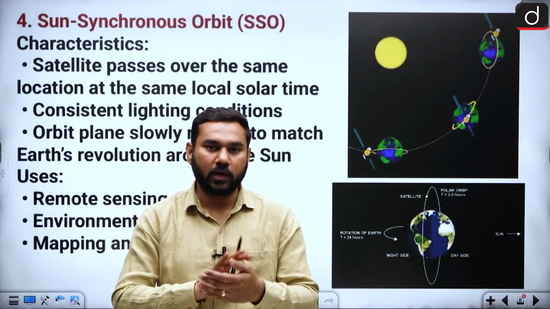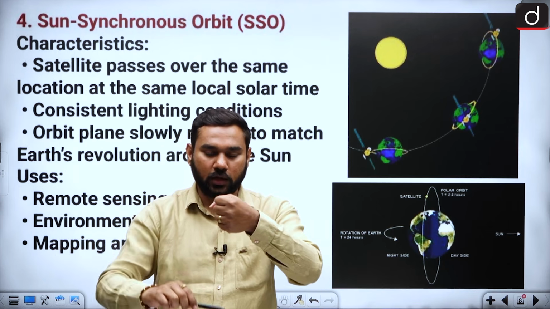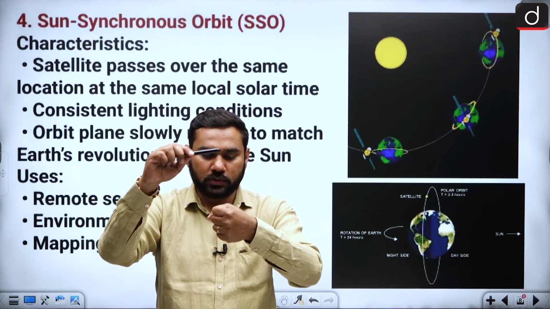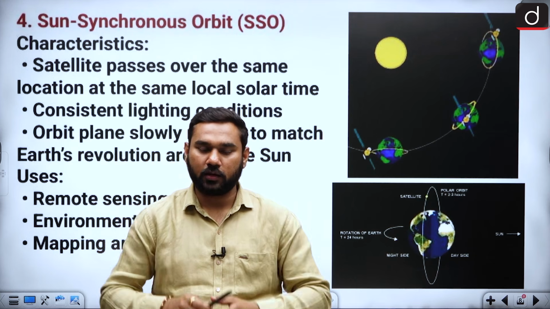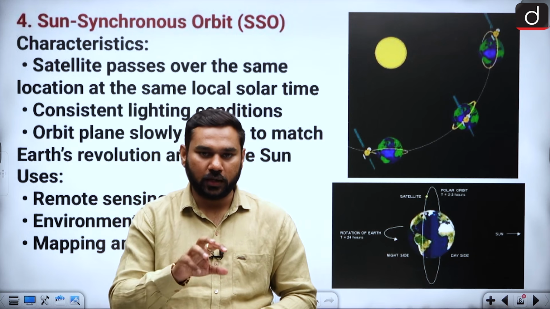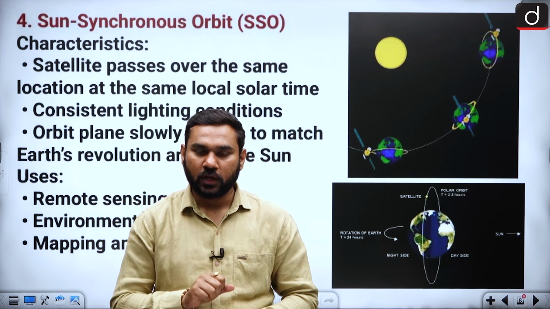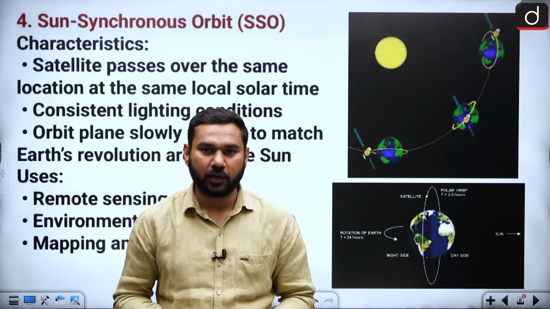The second part always has night and dark. When a satellite moves around the Earth, some parts go through the light area and sometimes the dark area. But in the dark you cannot observe well or capture clear images. So daytime gives clear images, but at night that cannot happen clearly.